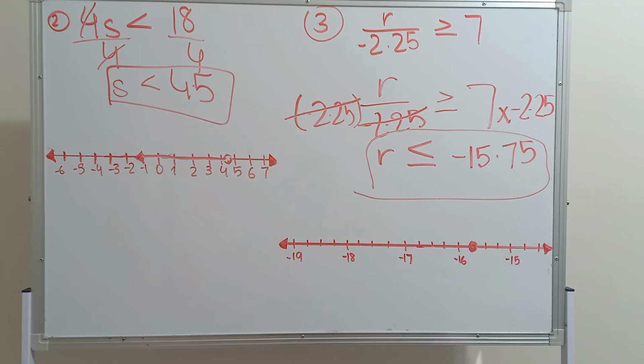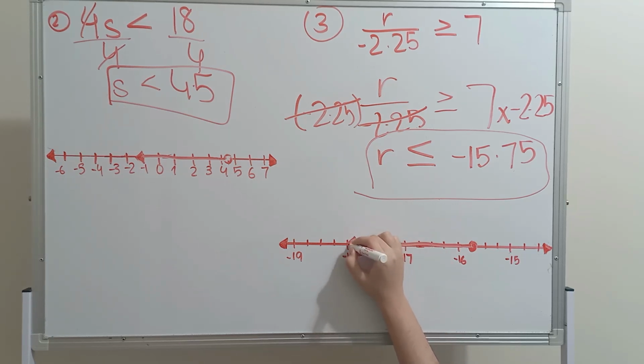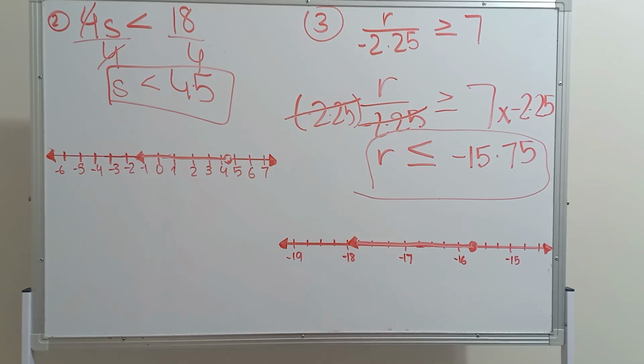So numbers that are less than negative 15 are going to be on the left. The numbers that are greater than negative 15 are going to be on the right. So we are going to go on the left since we have r as a variable which is less than negative 15. So it's going to go in the left direction.